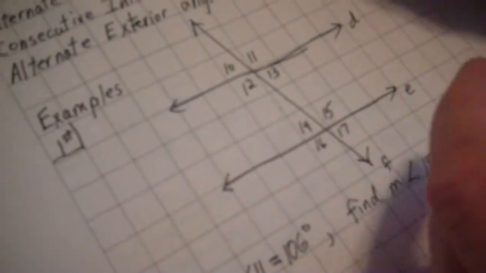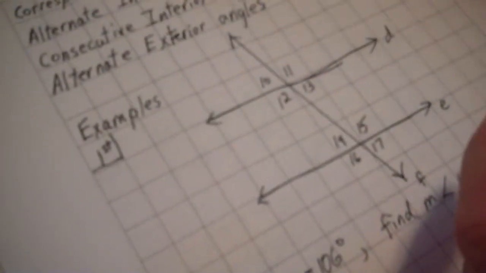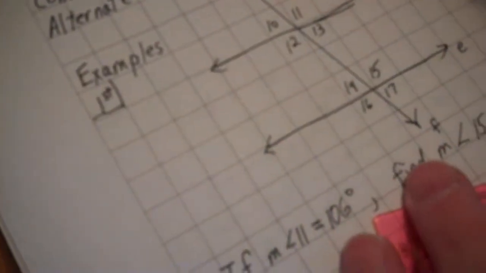Alternate exterior angles. 139, angle 7 would be an alternate exterior angle with angle 1. Well, I'm guessing they're congruent, and by looking at that, I'm seeing 139 like I did for the other ones. And in fact, we only get 2 measurements from all 8 of those angles.